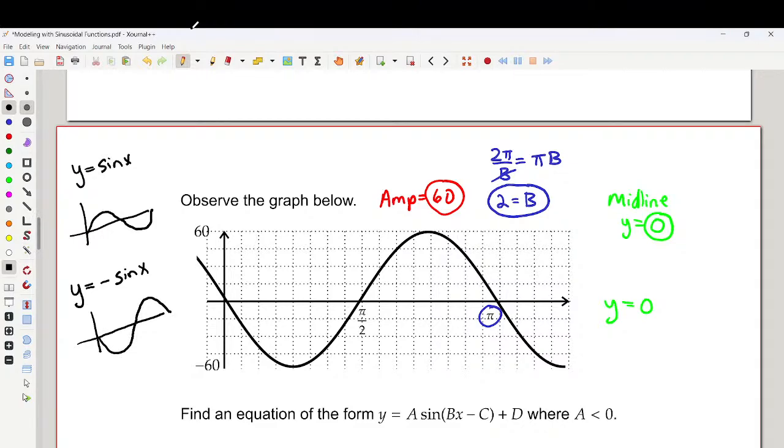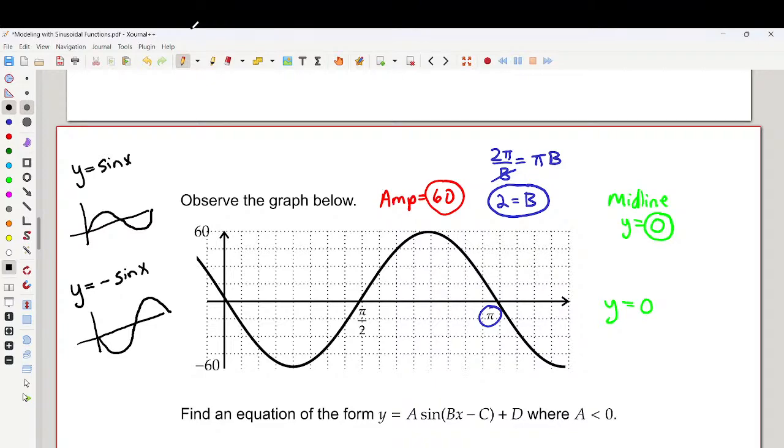Why did I bring that up right here? Find an equation for a sine graph where your a value is negative. So I'm going to go detective style here, and I'm going to look at what's given to me, and I'm going to try to find a trough followed by a crest. How come? Because the directions say your a value has to be negative. Are you following? Right? So it's not obnoxious. It's literally staring me in the face.